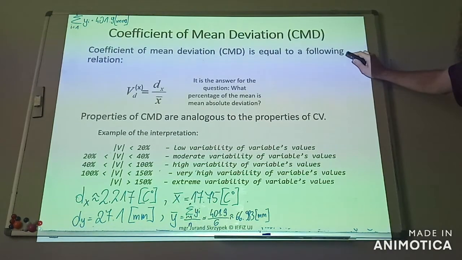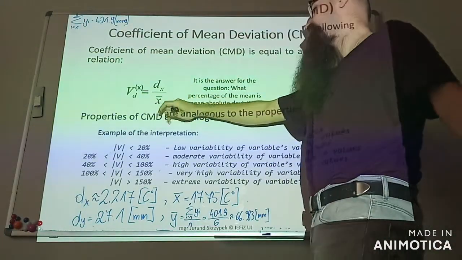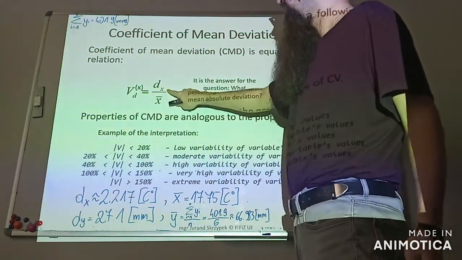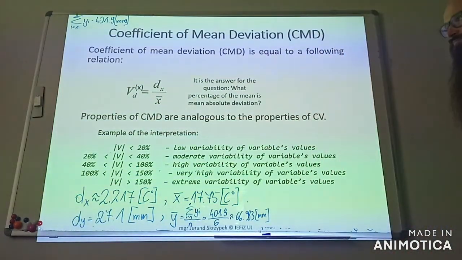Coefficient of mean deviation is equal to the following relation. This is a coefficient, a ratio between mean absolute deviation and arithmetic mean.